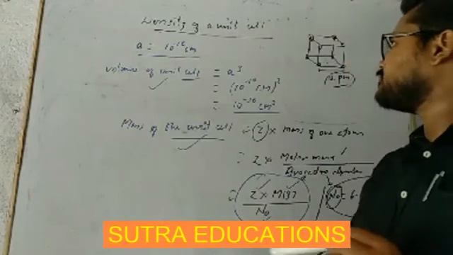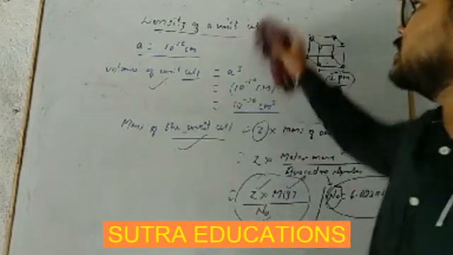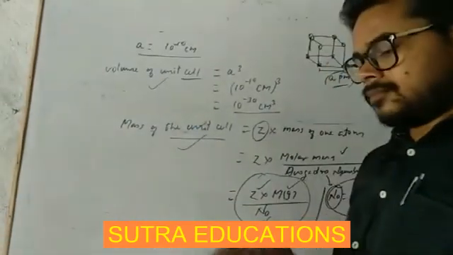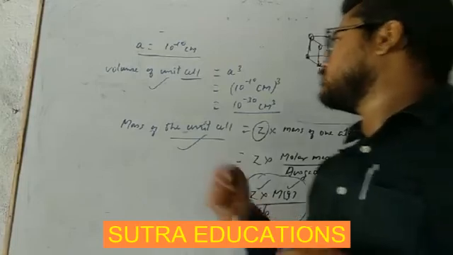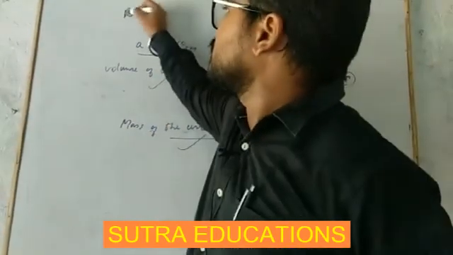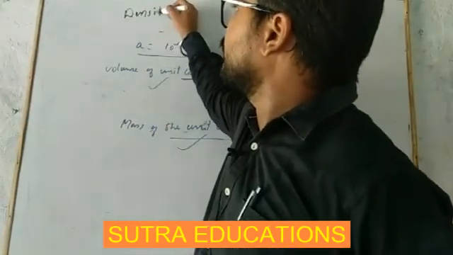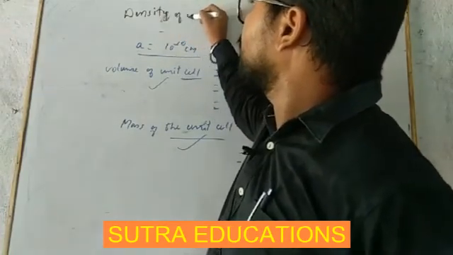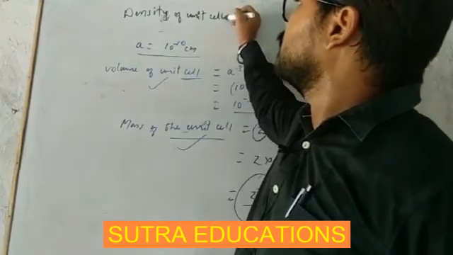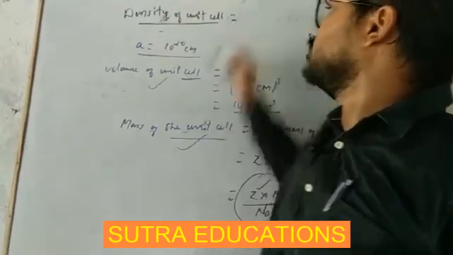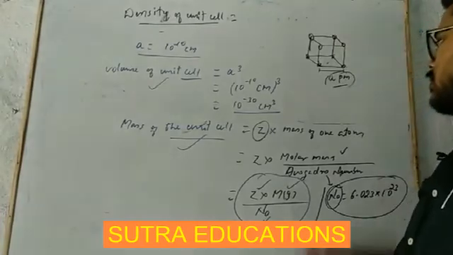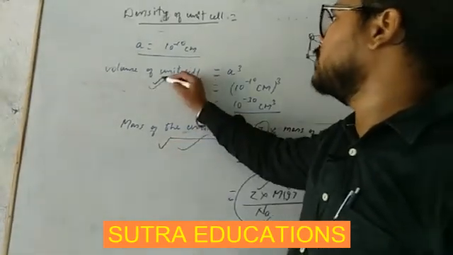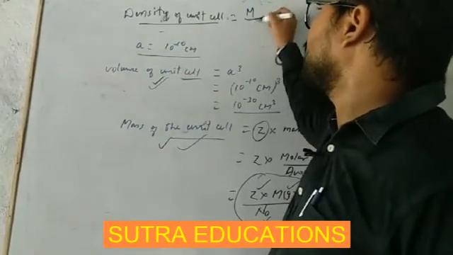So right here, density of unit cell will be equal to mass of the unit cell upon volume of the unit cell, means m upon v.